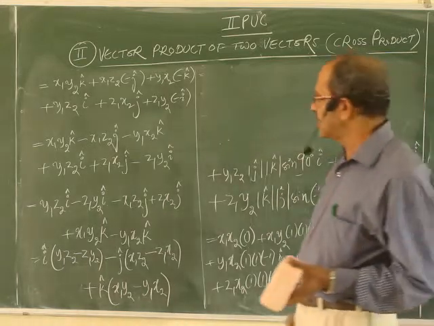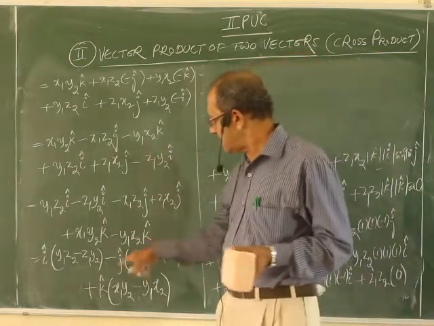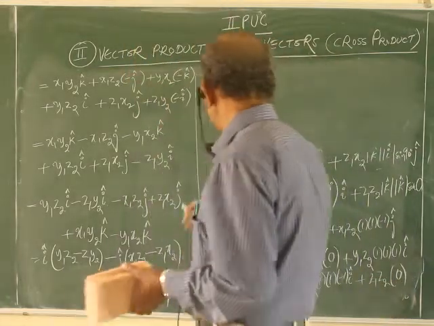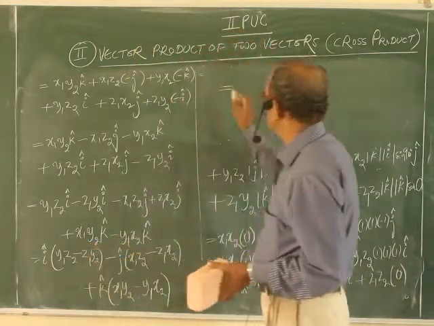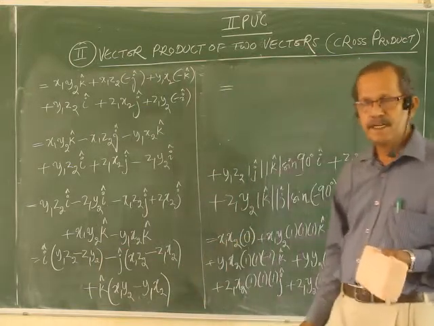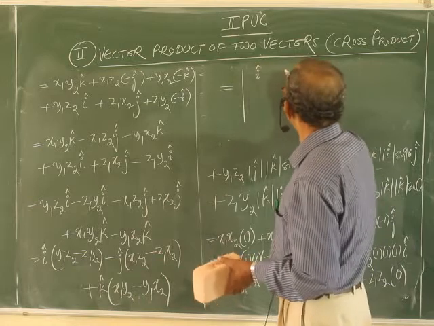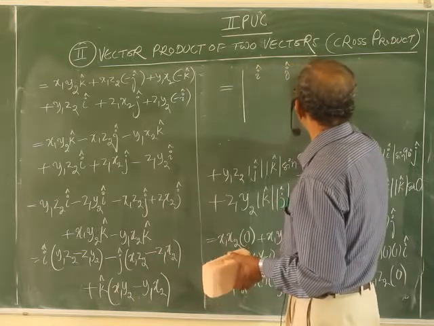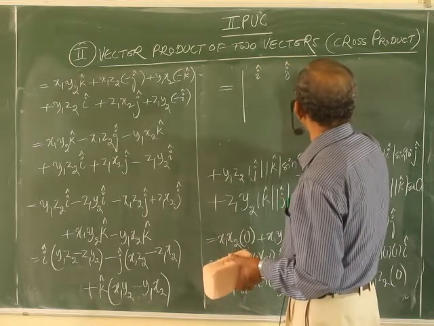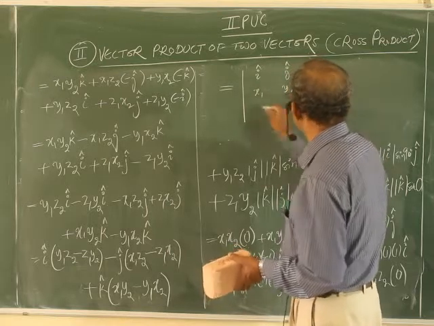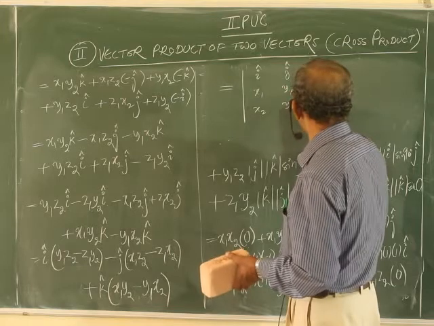A cross B is a vector. How to obtain it? This is the formula, but it is a little difficult to remember, no? Now just go back to the determinant chapter. It is nothing but the determinant of the 3 into 3 matrix: x1, y1, z1, x2, y2, z2.